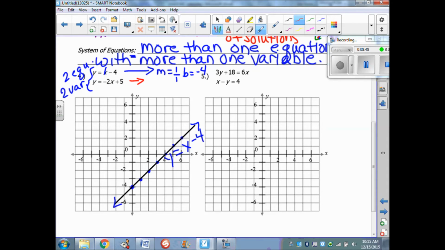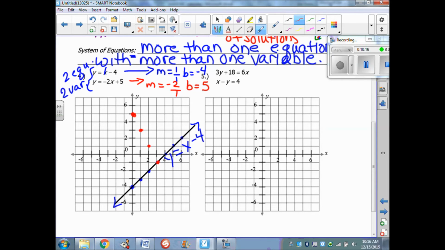Now let's graph the second line to this system, the second equation. So I know my slope is -2 over 1 and my y-intercept is 5. So where do I begin on the y-axis? I begin at 5, and my rise over my run tells me to go down 2 and right 1. Down 2, right 1. Oh, bumped into that other line.